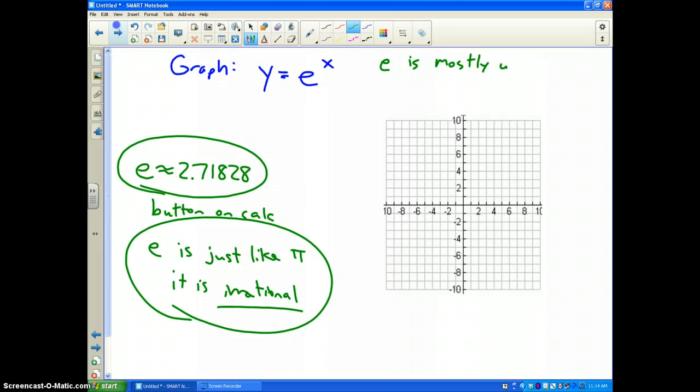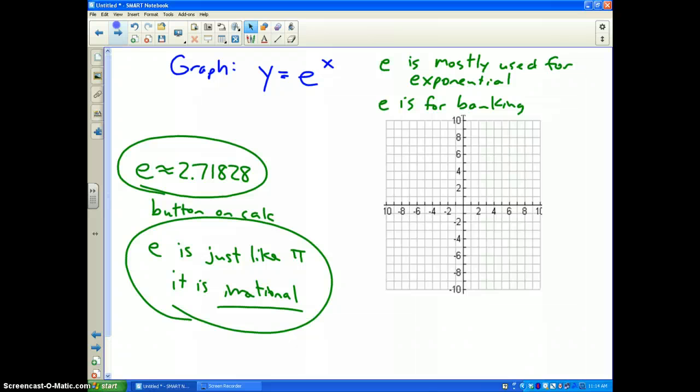E is mostly used for exponential functions, and E is for banking purposes. All right, if you need to pause the video, go ahead and write that down. But that is going to be the special number that we are going to use the rest of Unit 7.